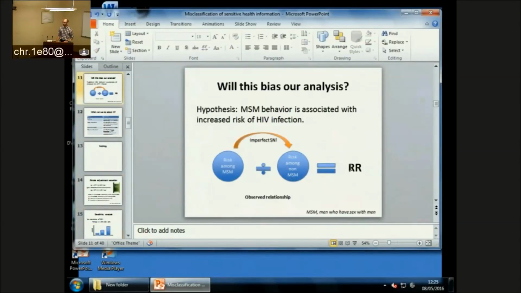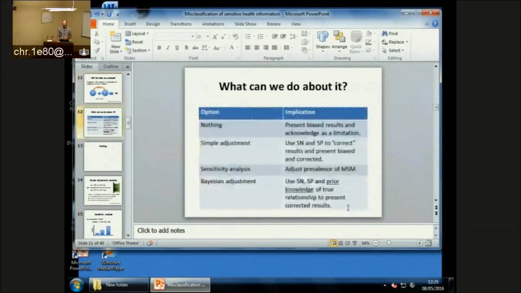In actuality, though, what you see as a result of the imperfect sensitivity, or a lot of false negatives, is that some of the men that are HIV positive, essentially, are moved to the bucket now where they are labeled in our analysis as non-MSM. That is misclassification, and that is biasing our analysis here because we are underestimating the true risk.